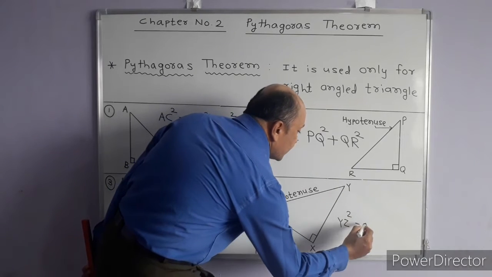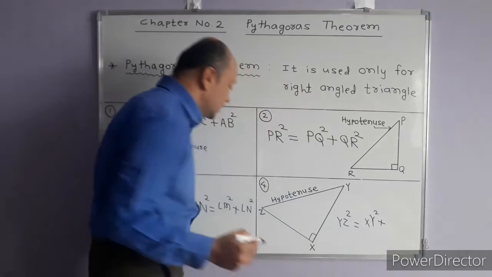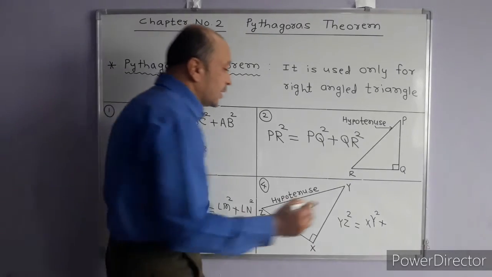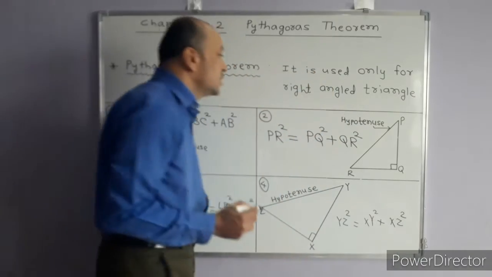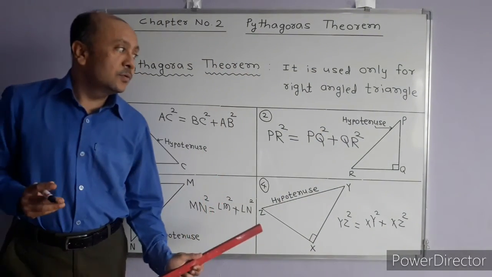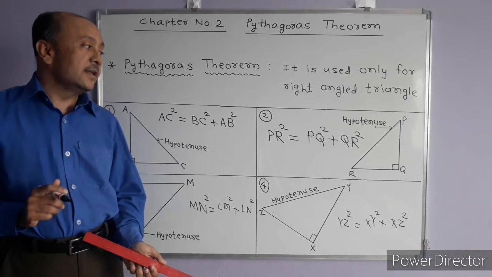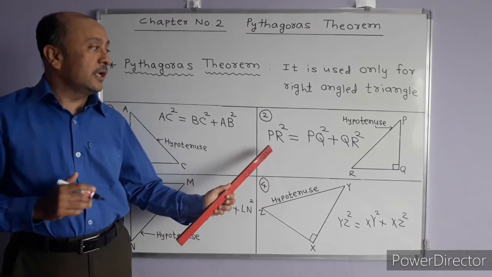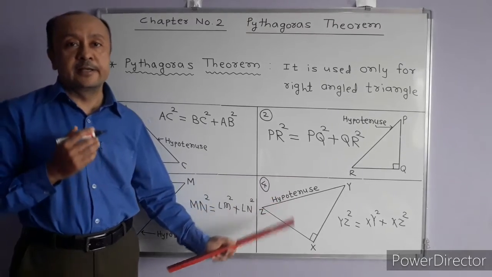It is XY square plus XZ square. So students, we have just learned how a right angle triangle is there and how the hypotenuse is finalized and how to write the Pythagoras theorem for the given right angle triangle.